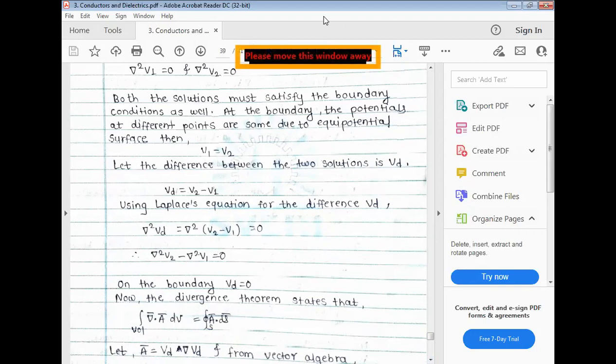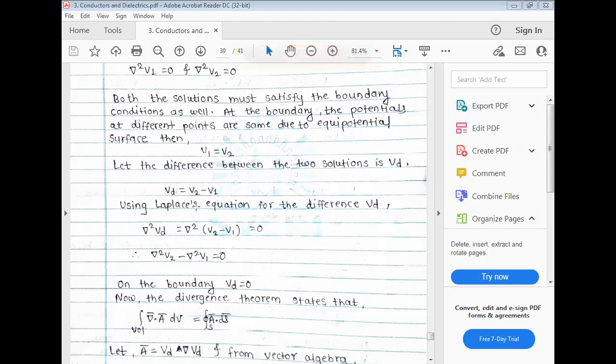By applying this for Vd is equal to V2 minus V1, we can write del square Vd is equal to del square of (V2 minus V1), and it is equal to 0.